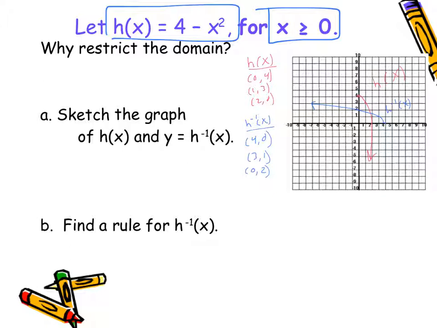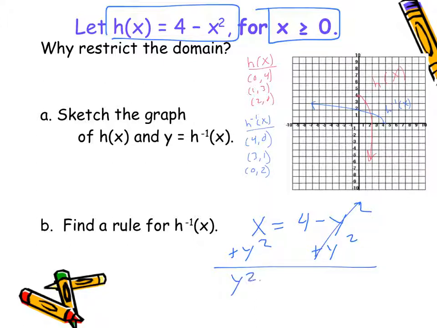If I want to find that rule for H inverse, what I would do is take x and y, have those coordinates switch places, and then I would solve. Okay? I could add y squared, and then get y squared plus x equals 4.